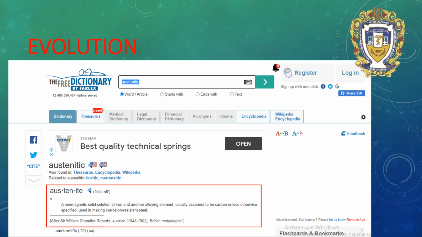Now about terms. What does stainless steel mean?